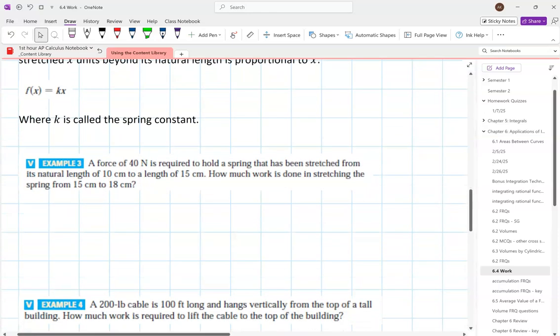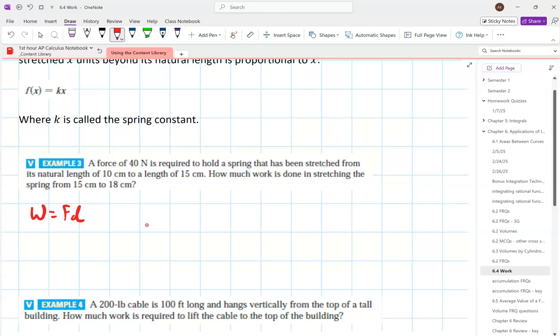So let's look at an example here. We have a force of 40 newtons required to hold a spring that has been stretched from its natural length of 10 centimeters to 15 centimeters. How much work is done in stretching the spring from 15 centimeters to 18 centimeters?